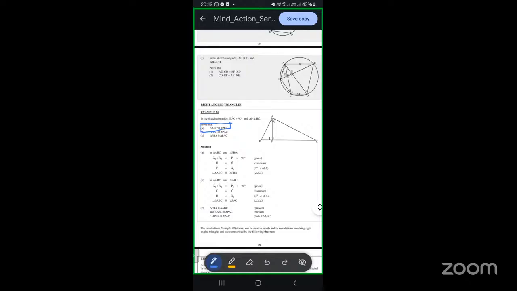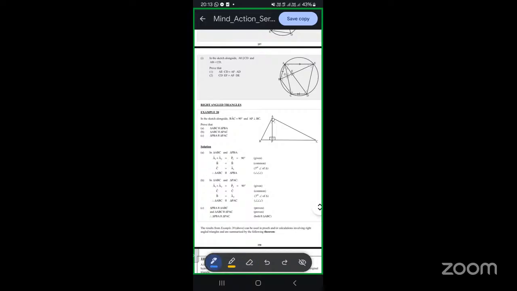So which one were you talking about? I'm talking about the reason from A to B, and then there is C. You mean this A here and this B? From the diagram.